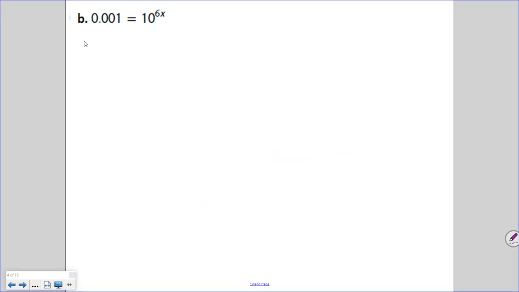I'll try it again in example B. 0.001 equals 10 to the 6x. I always want to try to write this with the same base. 10, I'm going to leave that alone, so I'm going to leave it as 10 to the 6x. 0.001 is the same as 1/1000th, which is 1 over 10 cubed, so 10 to the negative third.